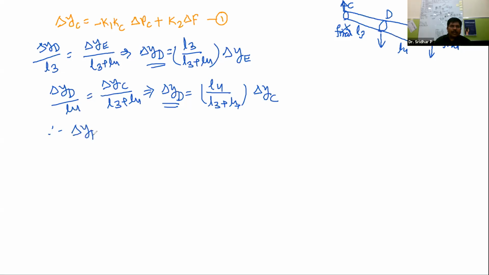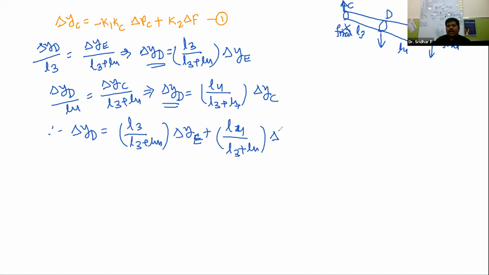So finally, delta YD equals L4 by L3 plus L4 into delta YC plus L3 by L3 plus L4 into delta YE. Taking these as proportionality constants, delta YD equals K3 into delta YC plus K4 into delta YE. So finally this is the delta YD expression.